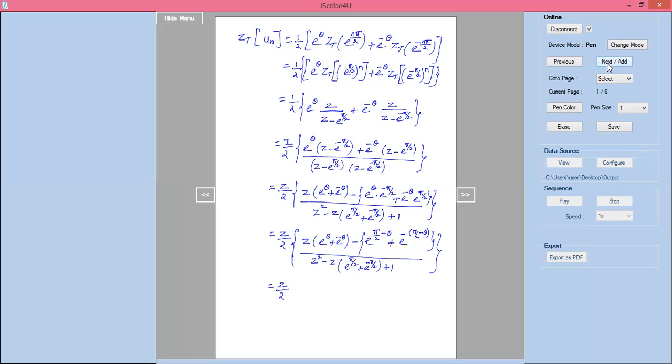Right, now I'll write z by 2 into. So now we know that already z into e power x plus e power minus x is nothing but cos hx. Here cos h theta, z into cos h theta.